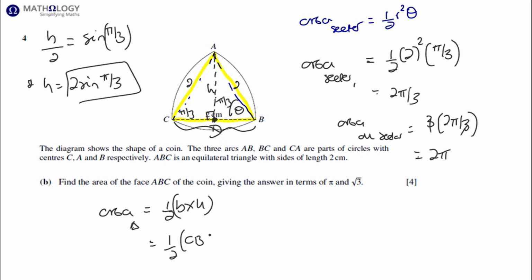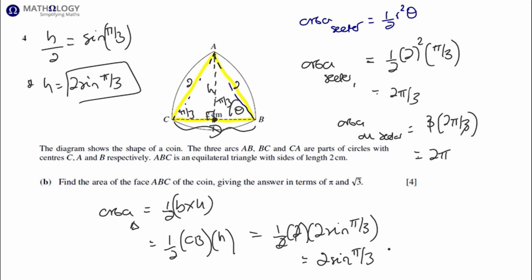So the area is half CB times h, which is half of 2 times 2 sine pi by 3. So the area is 2 sine pi by 3, and pi by 3 in degrees is 60 degrees. Sine 60 is root 3 over 2. So the area of the equilateral triangle is root 3.